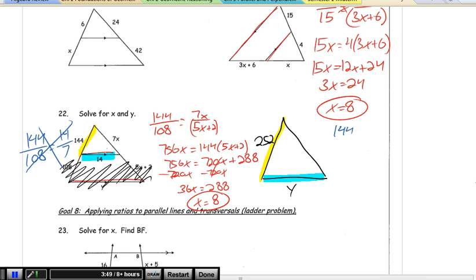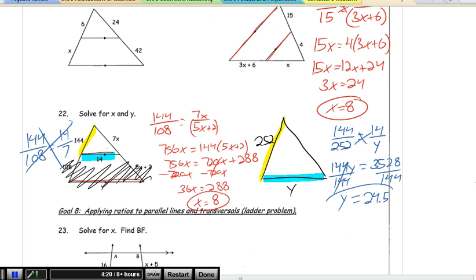So 144 over 252, yellow over yellow, equals 14 over y. Cross multiply, 144y equals 252 times 14, which is 3,528. Divide, y equals 24.5, and there's your y.